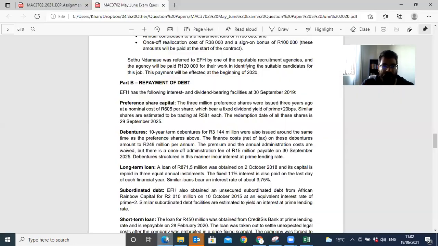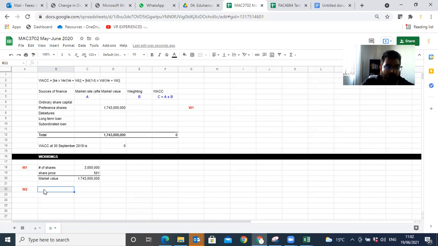So over here, when we use a financial calculator, we want to work out I. So I is the unknown. To get I, we need the other 4 items. So we need present value, we need future value, we need PMT, and we need N. Present value I've calculated in working one.